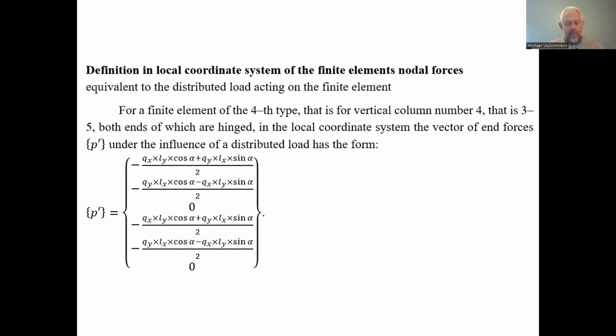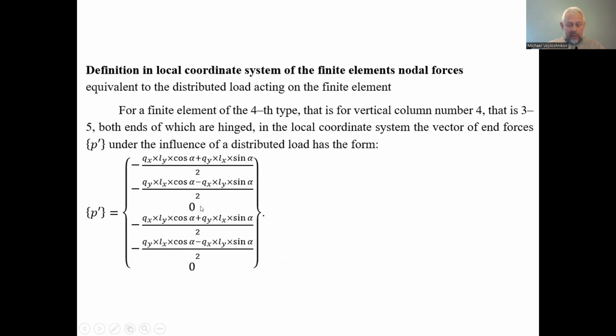We have the forces, 6 elements of the forces: the longitudinal force, this element, this transverse force, these 2 elements, and the bending moment for the fourth type Roth finite element, which is connected by hinges at each end of the finite element. So the hinges do not transmit the bending moment, so we have 0, 0 of the moment acting in the finite element of the fourth type by the cause of the distributed load Qx and Qy.